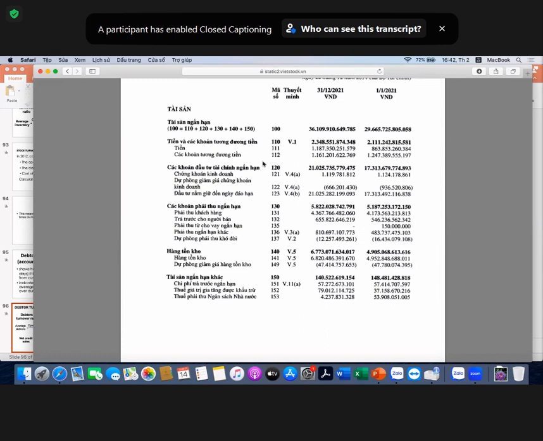In the year 2021, for every average debtor, 13.95 times are converted into cash.